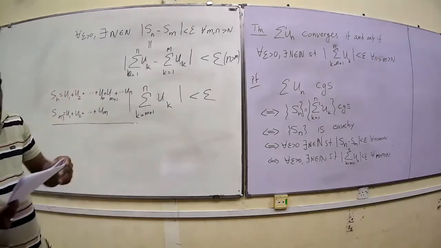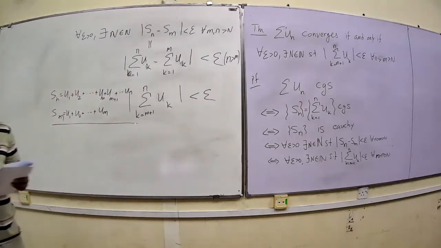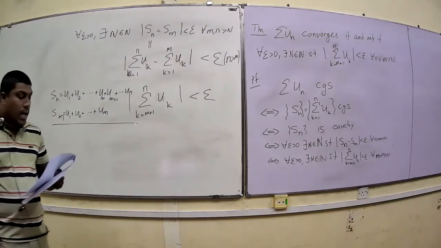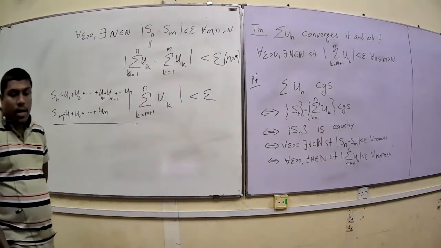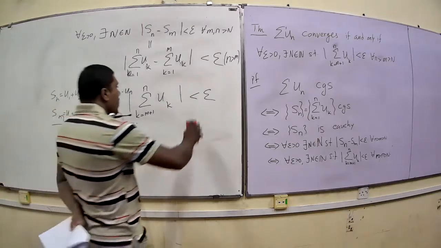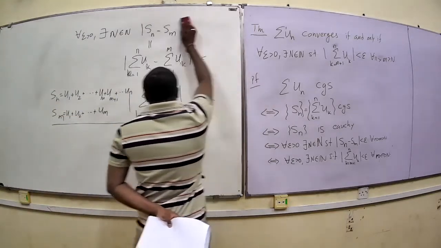So now again, if the series is not Cauchy, then you can prove that the series is divergent as well, right? So there are two ways to do it now.